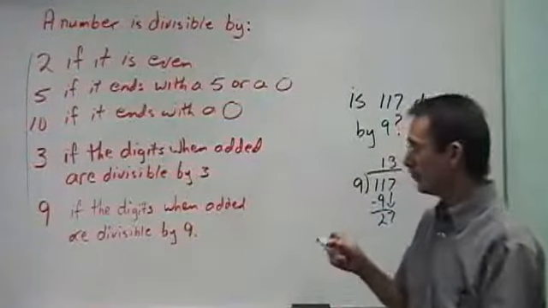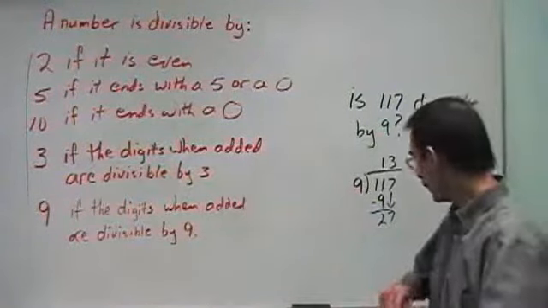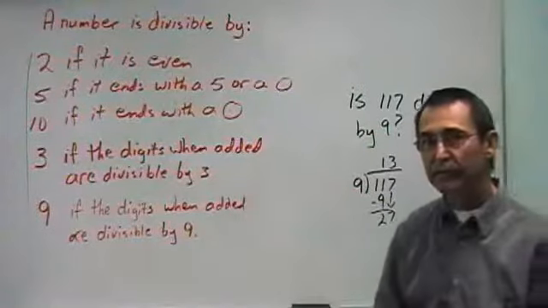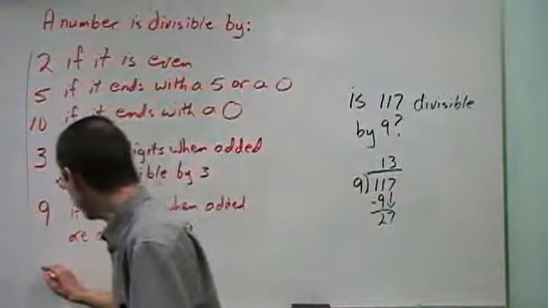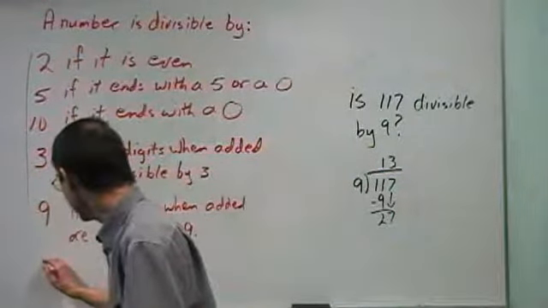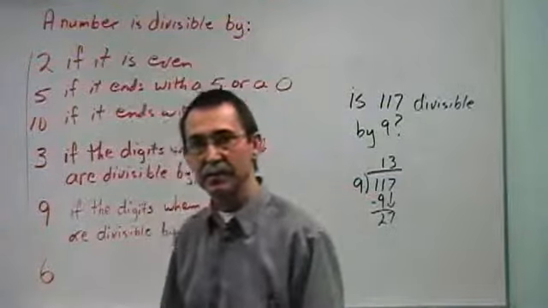And I'd like to add one more to this list, although I could make this list quite long, but I would like to do just the one more for now. And this is going to be, is a number divisible by 6?